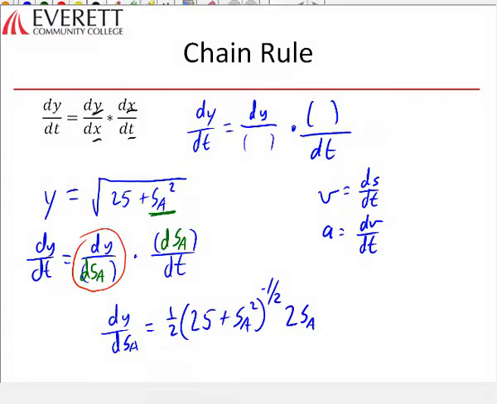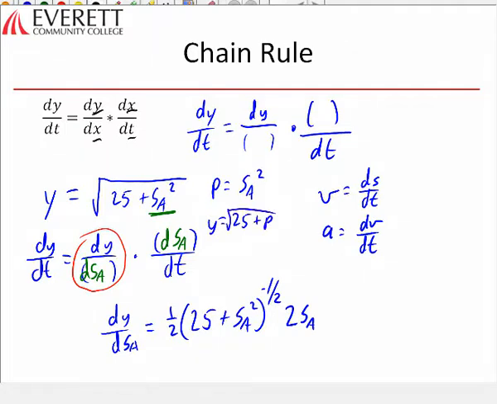If you don't see that right away, you can do another substitution and you could say, okay, well, let's say function p is equal to sA squared. Then my y is now equal to 25 plus p square rooted.